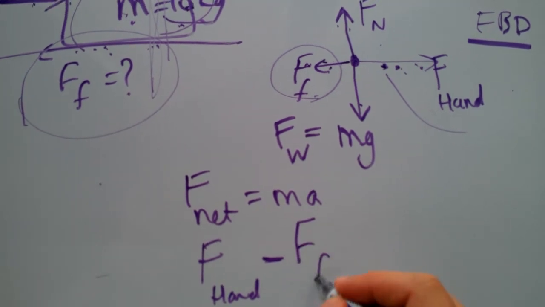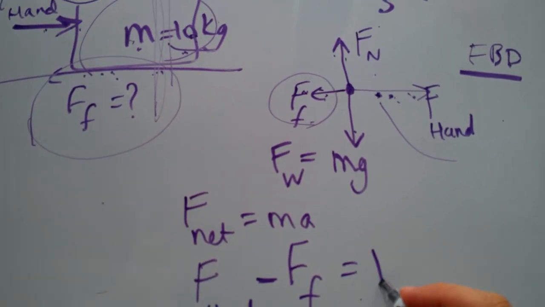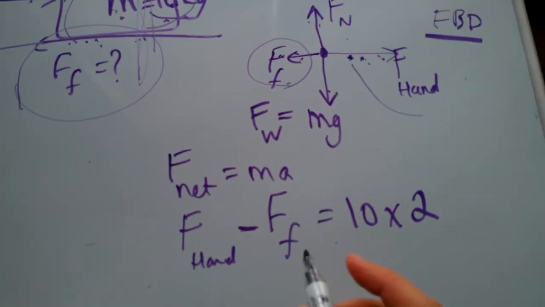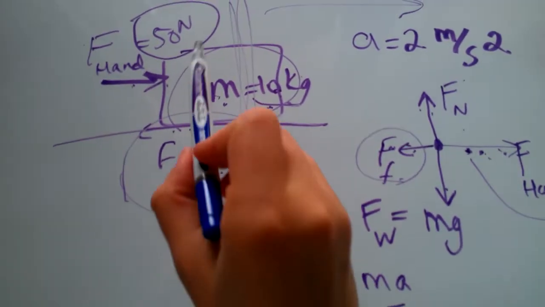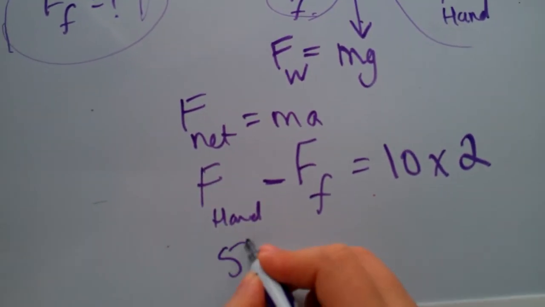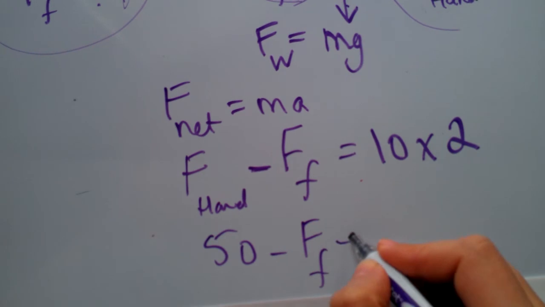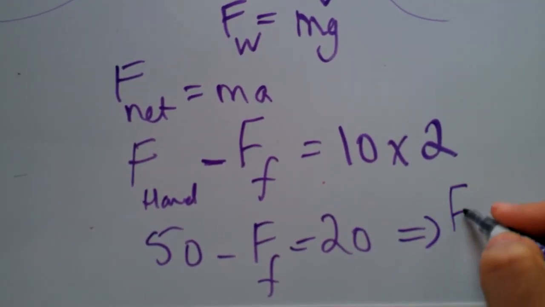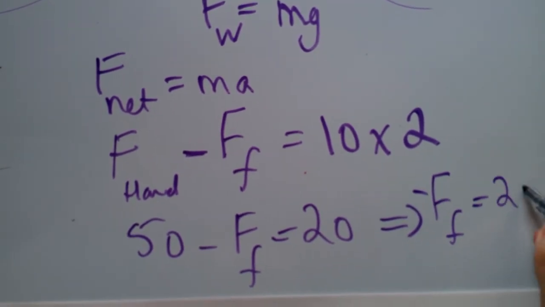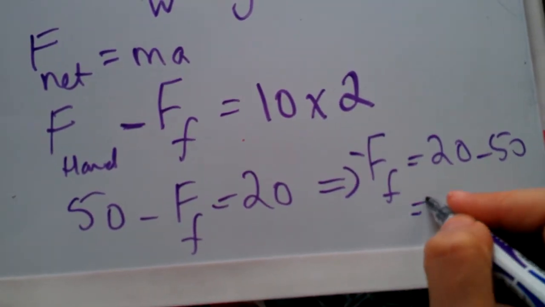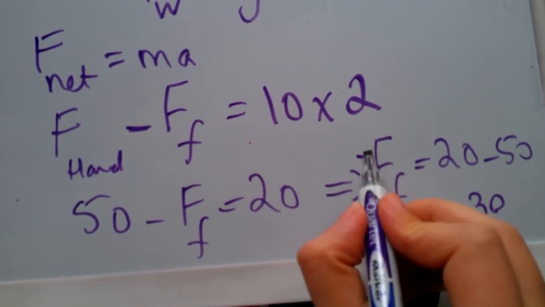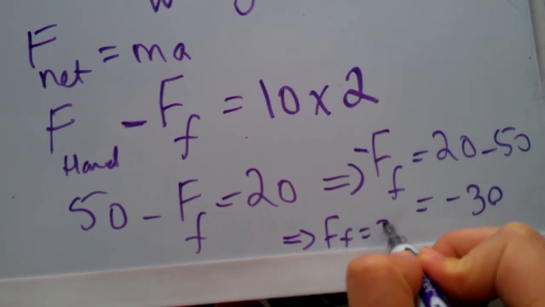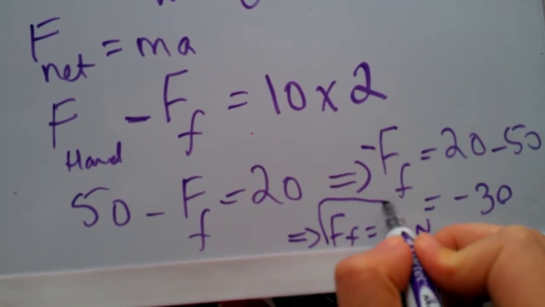Frictional force equals mass times acceleration of 2 meters per second squared. What is the force of my hand? 50 newtons, right? 50 minus F of friction gives me 20. Therefore, frictional force has to be 20 minus 50, which is minus 30. That's negative frictional force. So therefore, frictional force is 30 newtons.